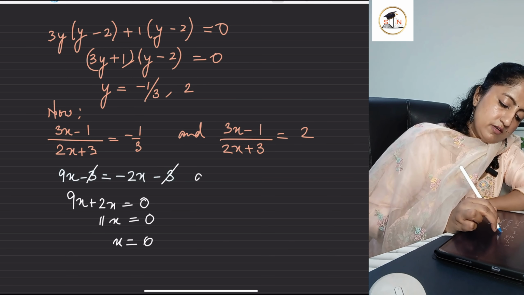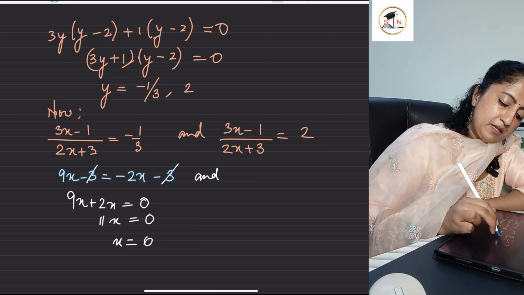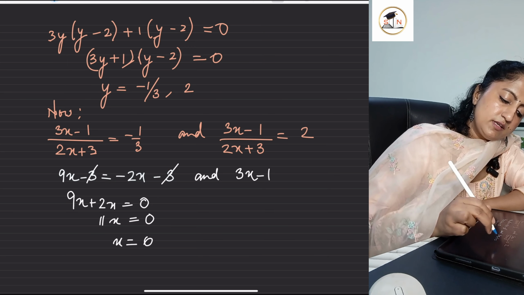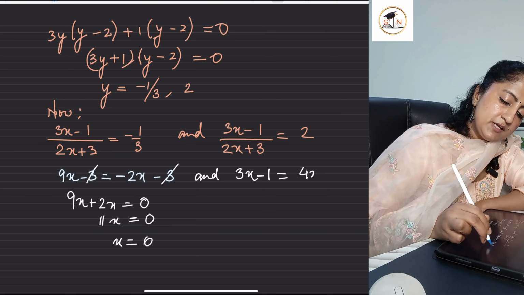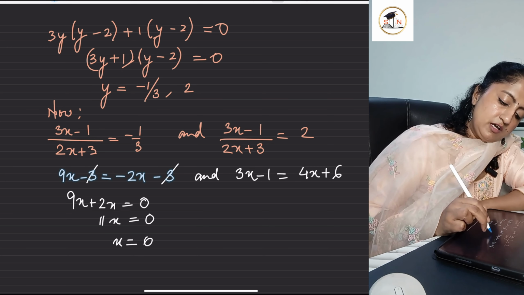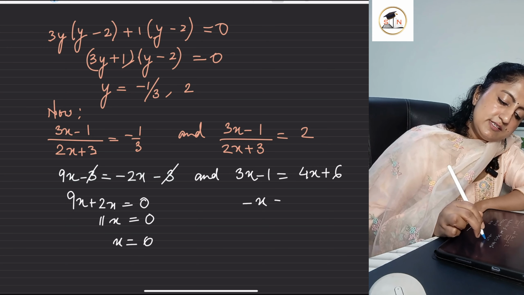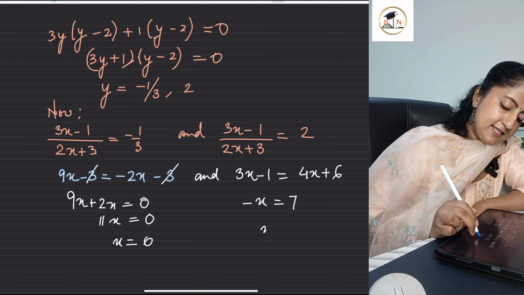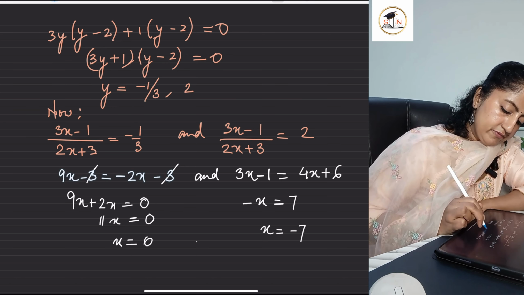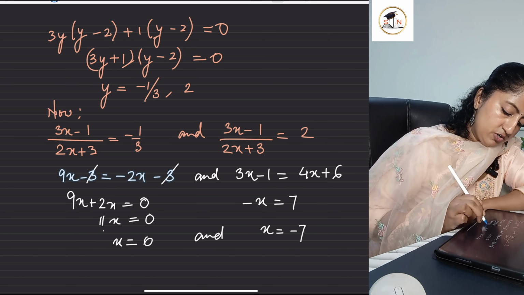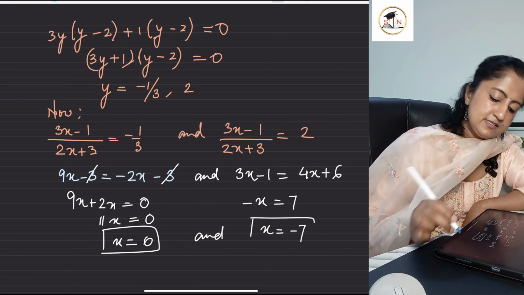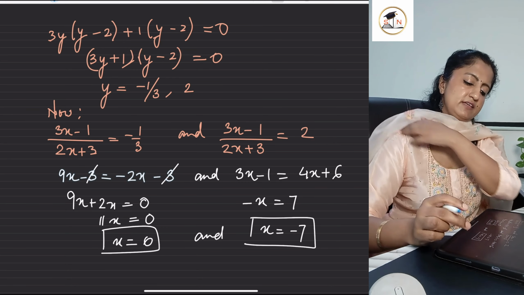Now again cross multiplying over here, 3x minus 1 equals 4x plus 6. Now minus x equals 7. That means x equals minus 7. So see, we have got two values of x. One is 0 and the other is minus 7.